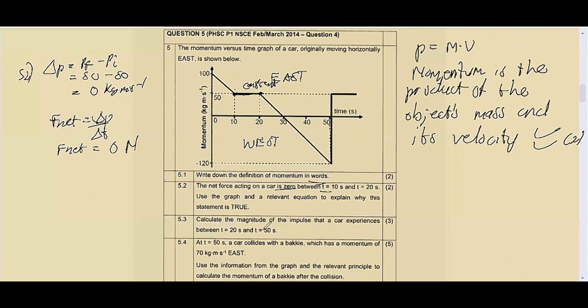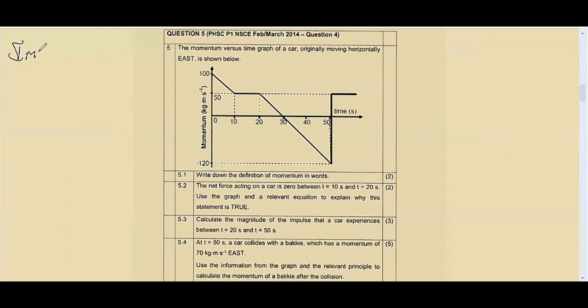And then 5.3 says calculate the magnitude of the impulse that a car experiences between t equals 20 seconds and t equals 50 seconds. So to calculate the impulse, this is how we go about it. You will remember that impulse is equal to F net delta t.